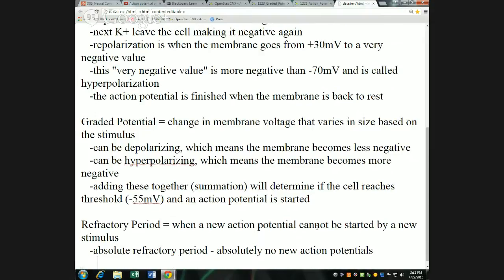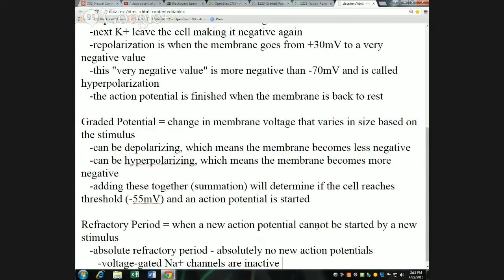And this is really because the voltage-gated sodium channels are inactive. I was talking about the two gates, the one that opens at -55 and the one that closes at +30.